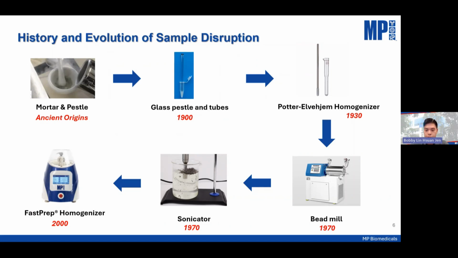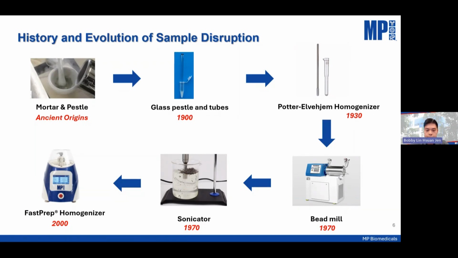However, as we advanced through technology in the 1970s, we started developing the bead mill. The bead mill is more for the industrial field, where it's not as advanced as a FastPrep homogenizer, but it's used for a lot of the harder samples in industry.